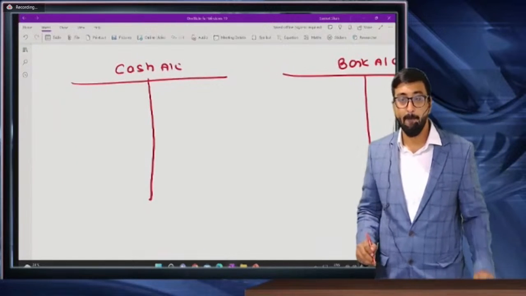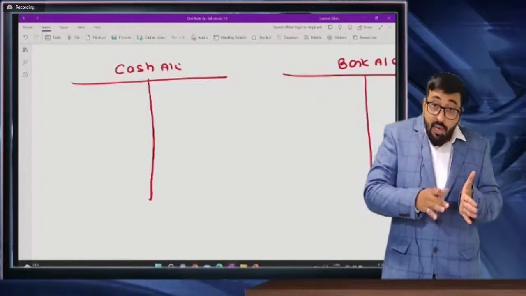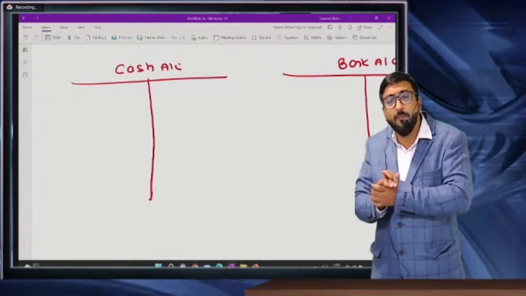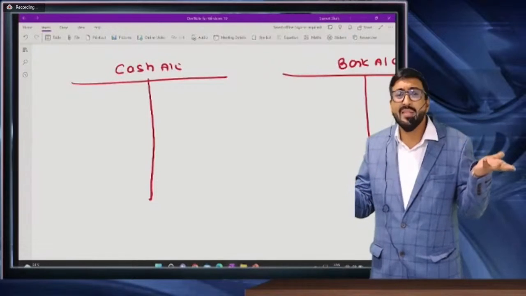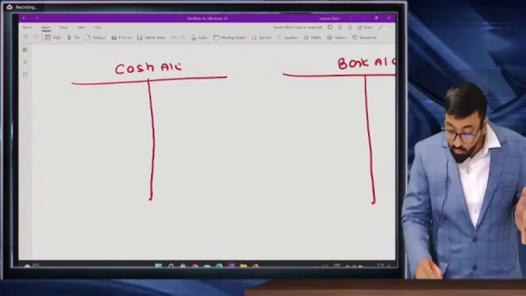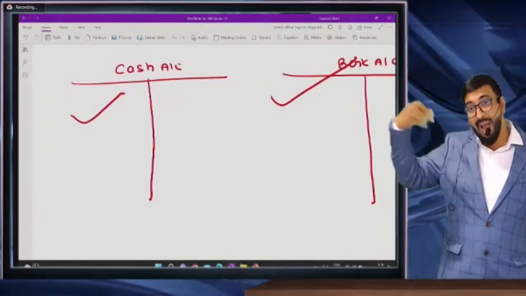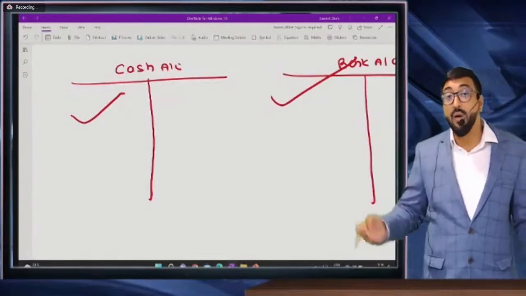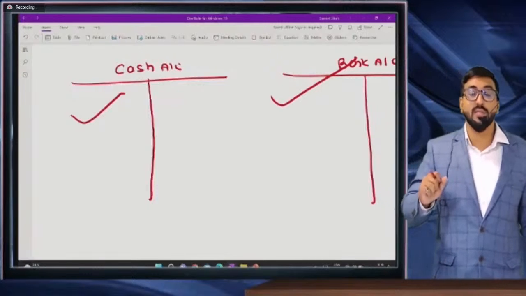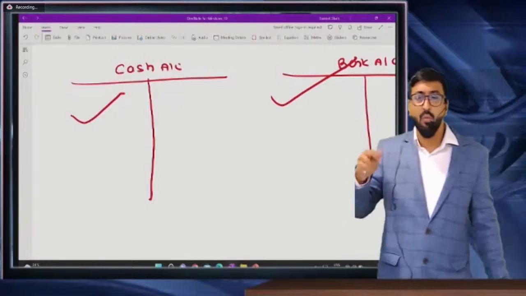Sir, if cash account transactions are few and bank account transactions are few, it's better to prepare separate accounts. No problem, but this is one type of cash book. So cash account separately, bank account separately, and even discount is also separate. Okay, so I will tell you what is the logic behind it.